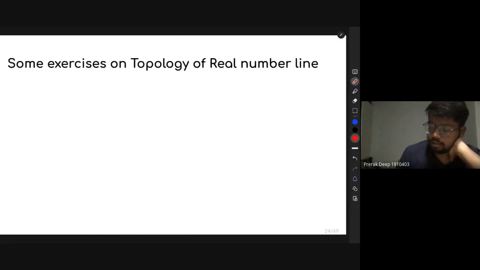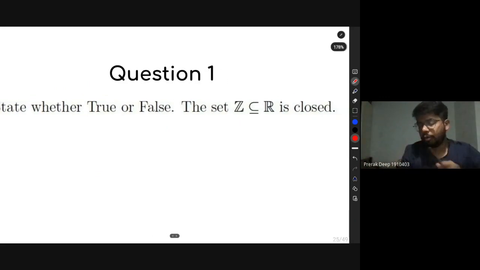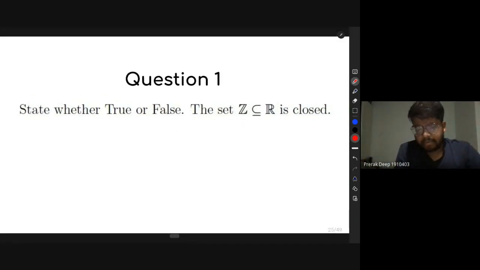Okay, so let's move on to discuss more questions on topology. By topology, we mean the open sets of the real number line and the closed sets of the real number line, and what the neighborhoods of a point are, what the limit point of a sequence is, or what the limit point of a set, a subset of the real line, is, and so on.